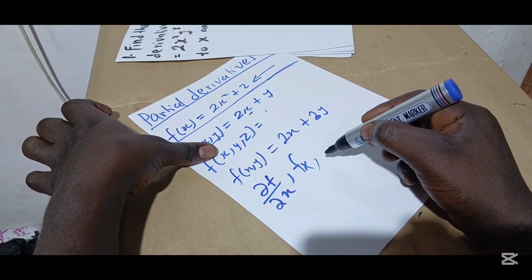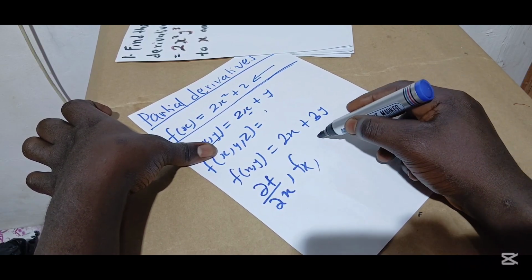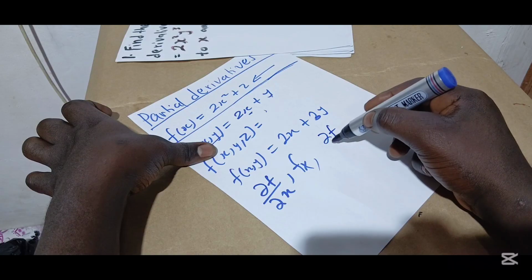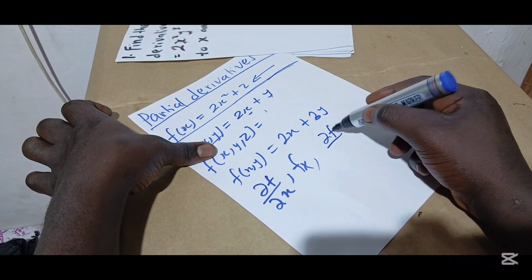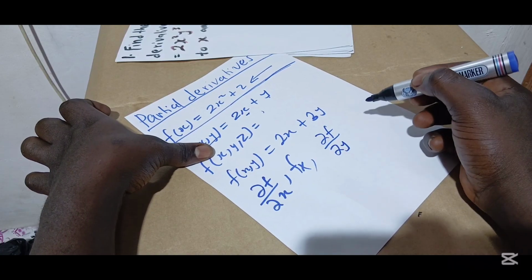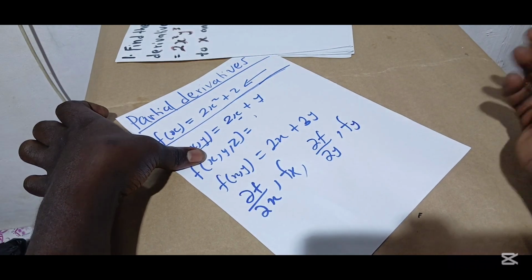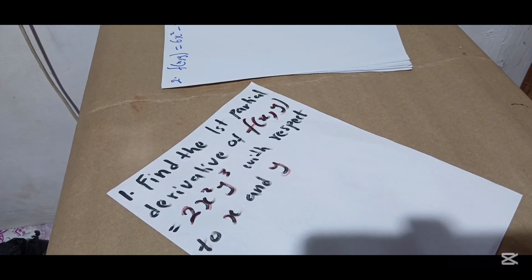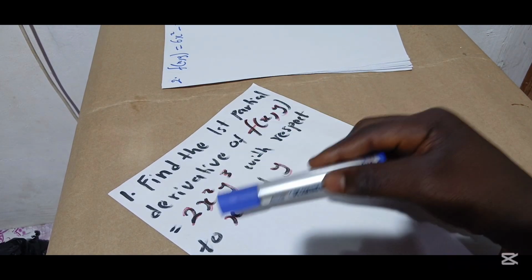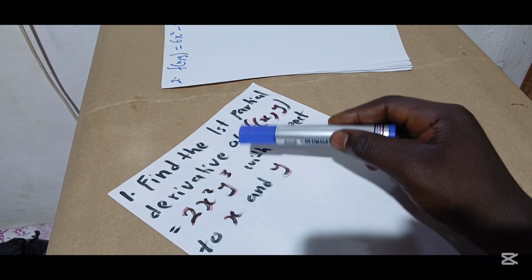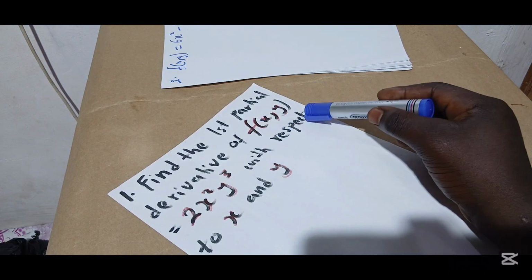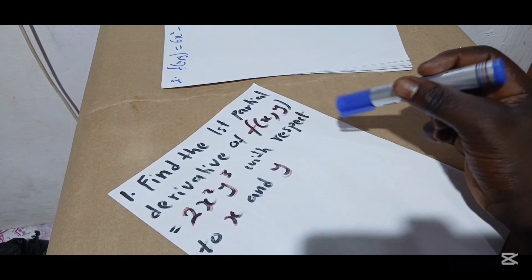If it were with respect to y, you can also represent it like this, the partial derivative of f with respect to y. Now let's start. Find the first partial derivative of f of x, y equals 2x squared y cubed with respect to x and y.